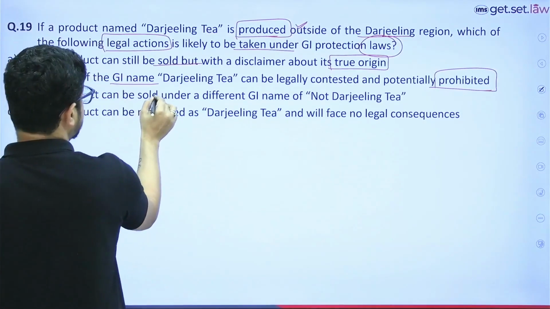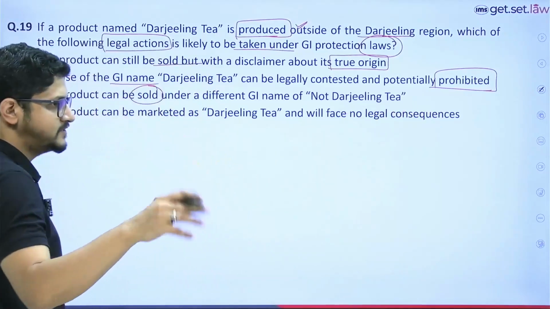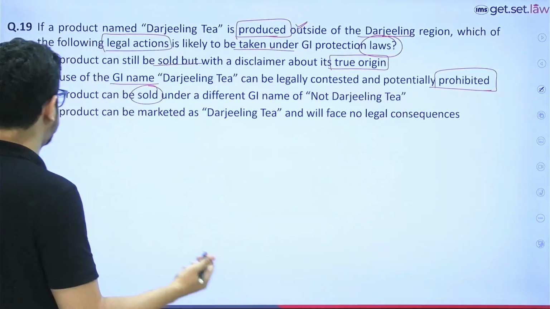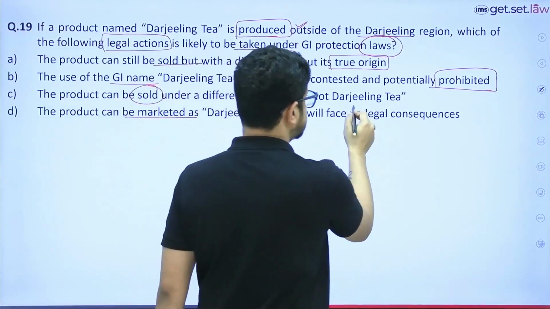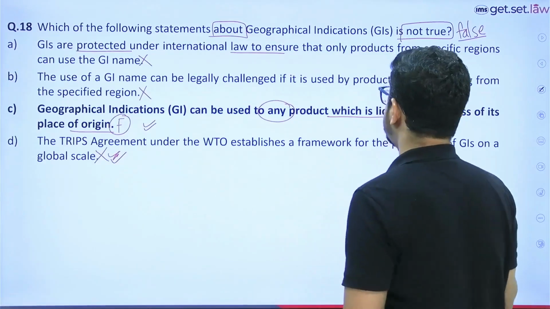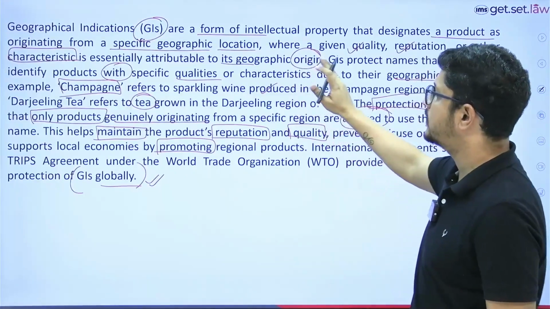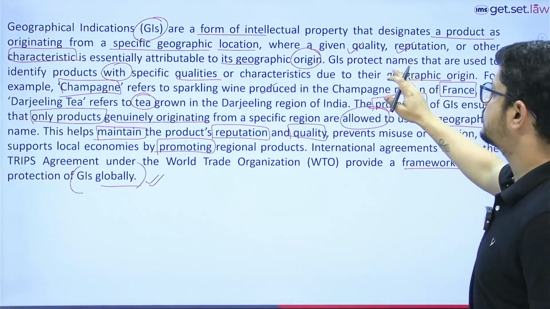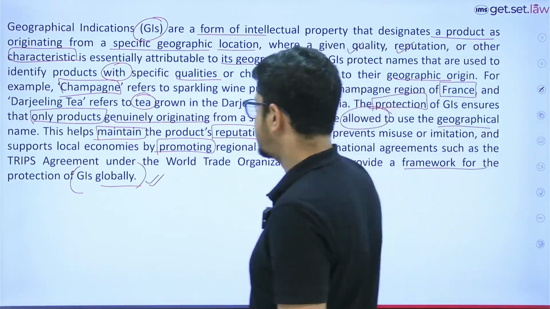It says the product can be sold under a different GI name, not Darjeeling tea. This is a suggestive option. We're not going to go with this. The product can be marketed as Darjeeling tea and will face no legal consequences. Now, as clearly stipulated in the paragraph, it should have a specific geographical link related to the quality, reputation and characteristics attributable to it.